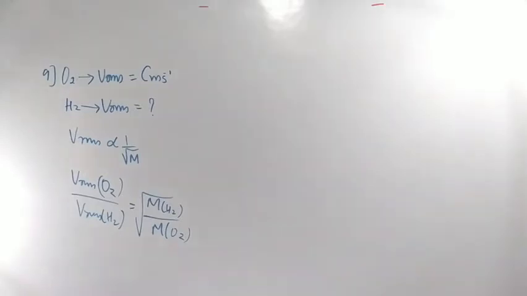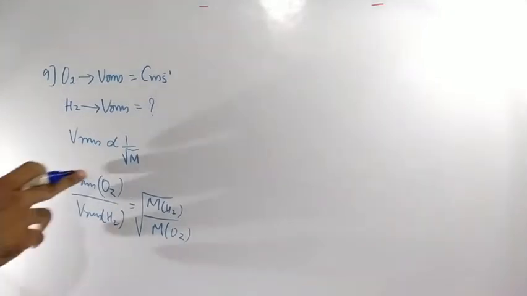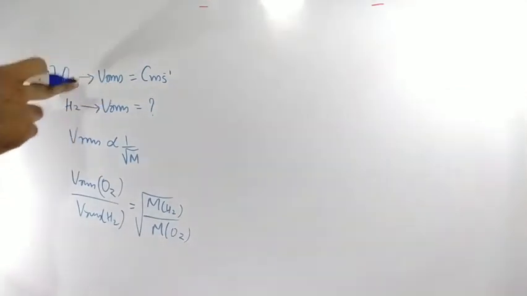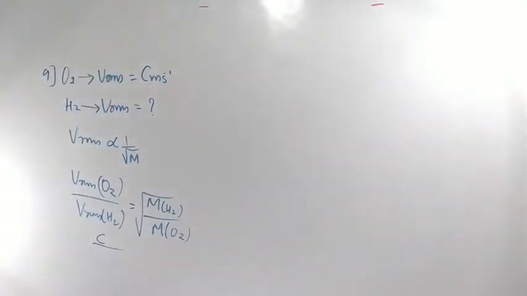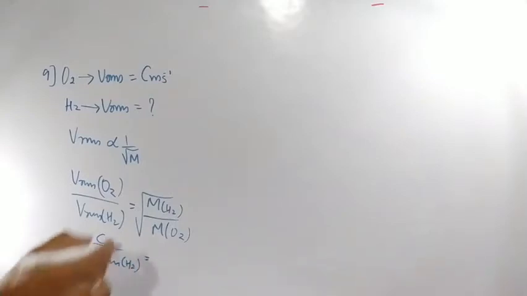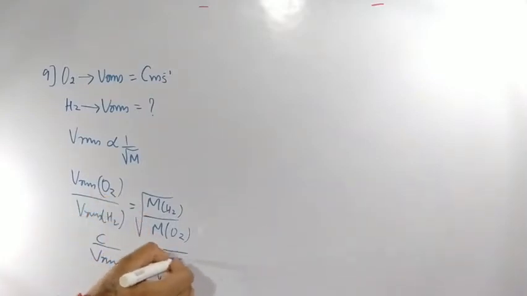Okay. Now VRMS for O2 they had given, that is C. So C divided by VRMS for H2 is equal to, m for H2 is 2, for oxygen 32. Correct, no?